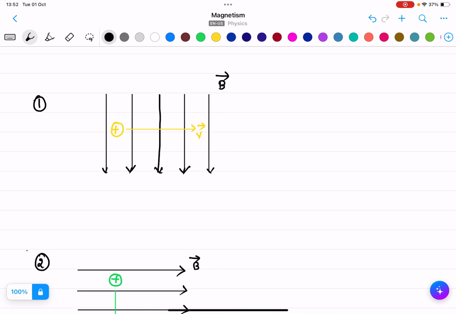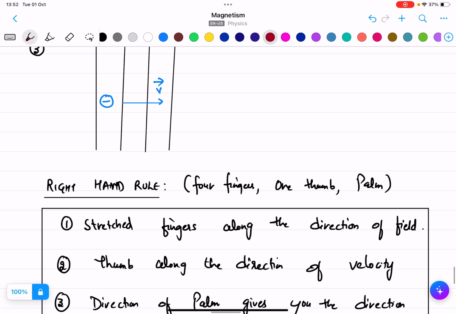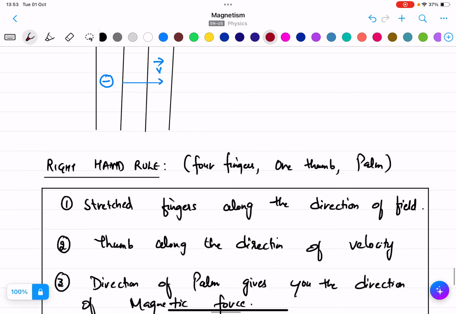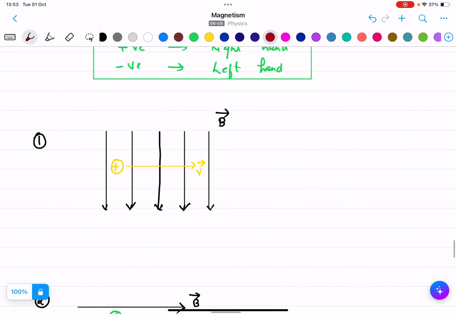Now in the first case, the first statement is stretched fingers along the direction of field and thumb along the direction of velocity. So field is in this direction. I'm just making the fingers of the hand like this. 1, 2, 3, 4, these are my fingers.